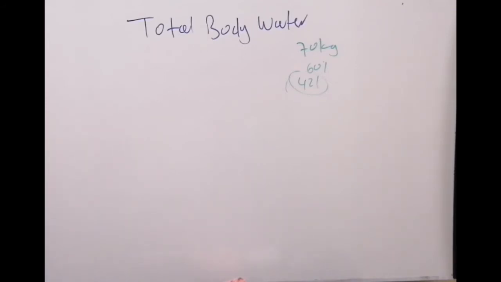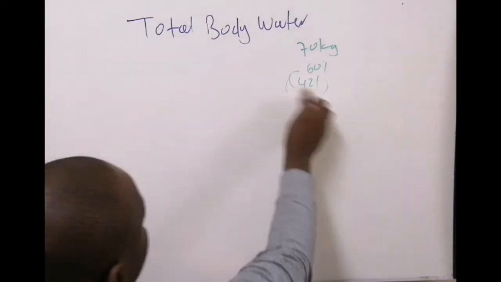So total body water, TBW. If we've got this person who's 70 kgs, whose weight is about 60% water, we need to understand how this water is arranged in his body.